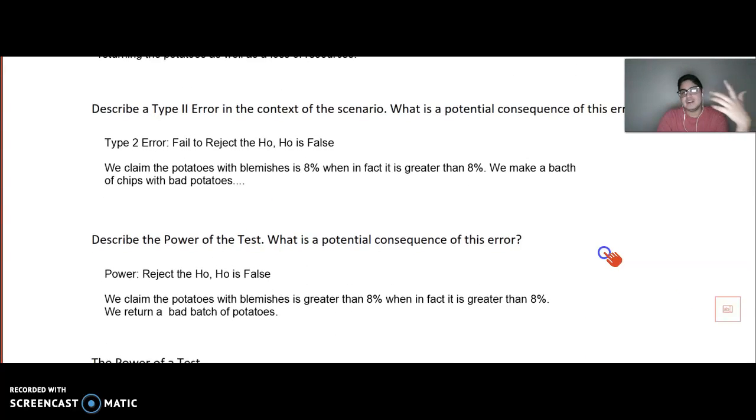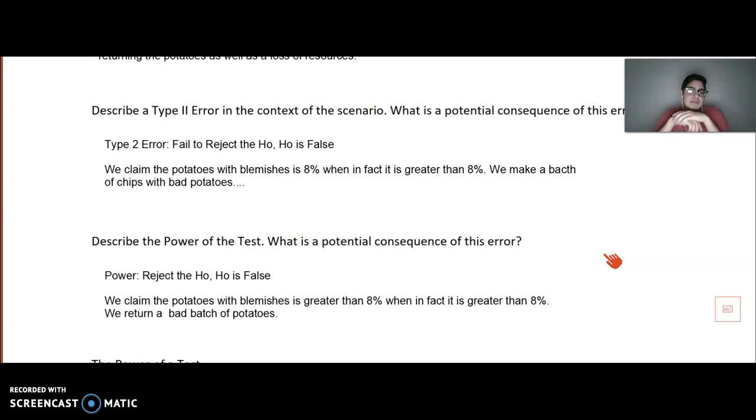And then the power here, we claim that it's more than 8%. It is, in fact, more than 8%, so we return a bad batch of potatoes. We're paying for what we need. So that's just some examples there of describing the types of error and the power of a test. And in the next session, we're going to talk more about the power of the test.